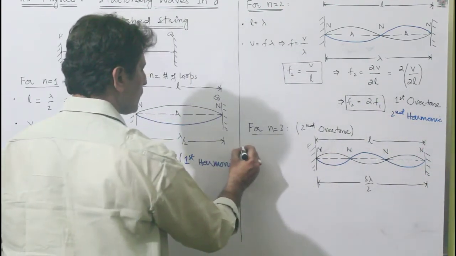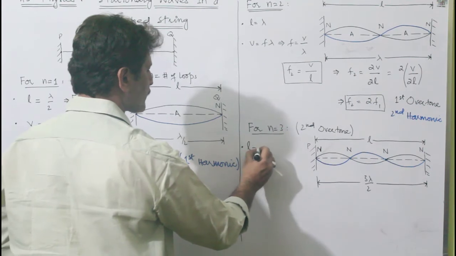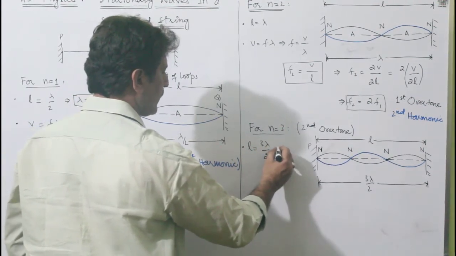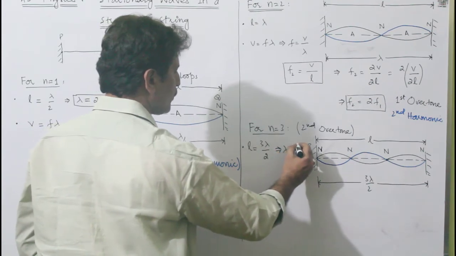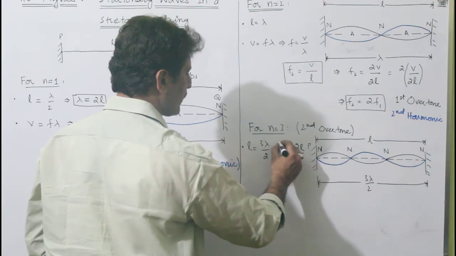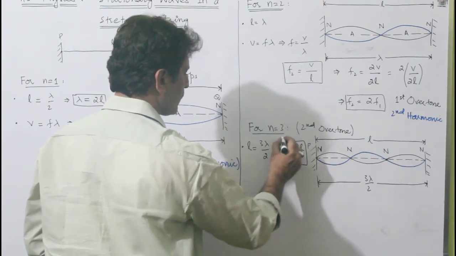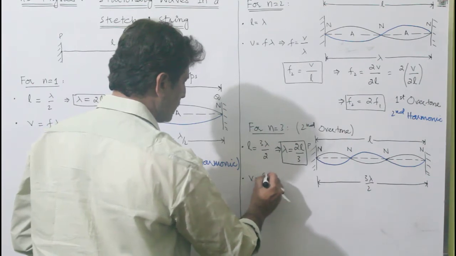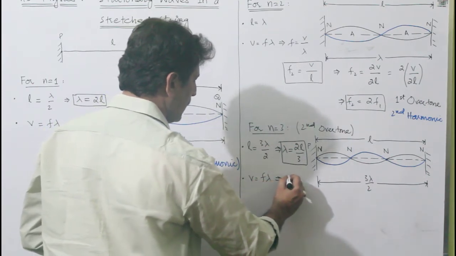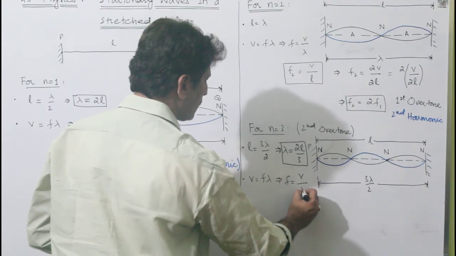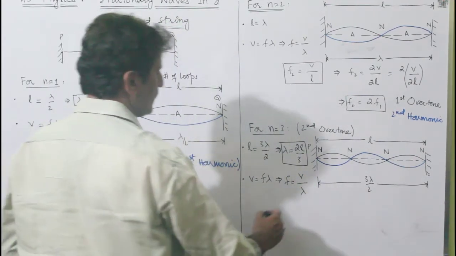Now we can write here the complete length of the string is equal to 3 over 2 lambda, and now we can calculate the value of lambda here, that is 2 times the length of the string divided by 3. And to calculate the frequency, we will use the wave equation, that is v is equal to f lambda. And we can write here the frequency is equal to speed divided by lambda.